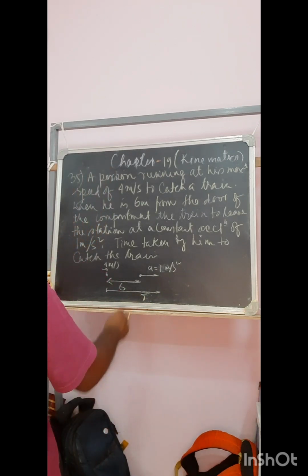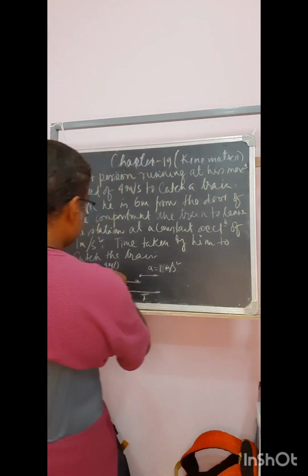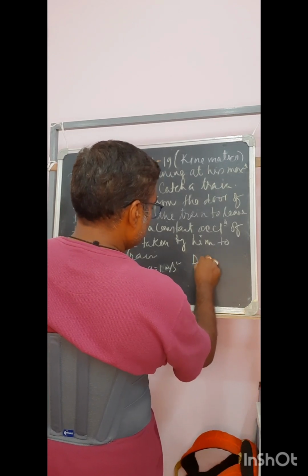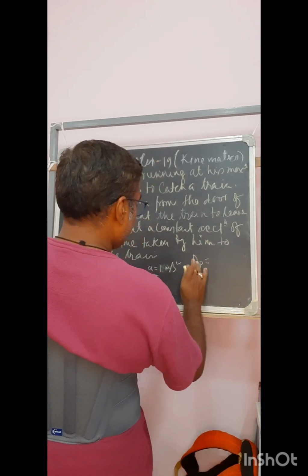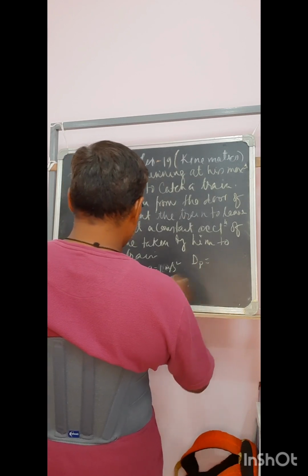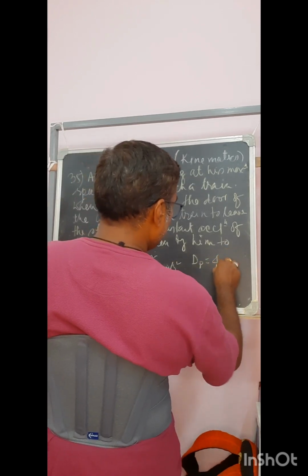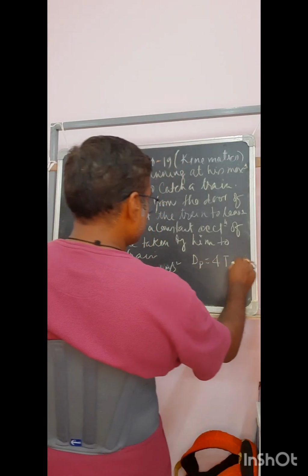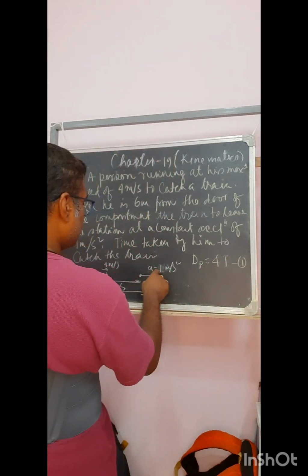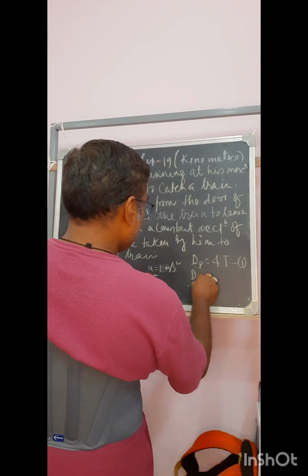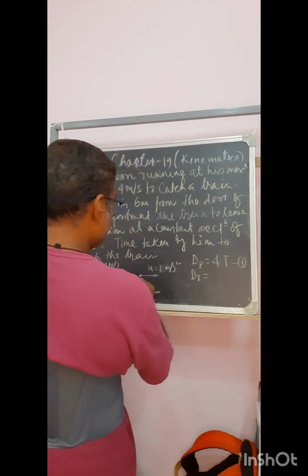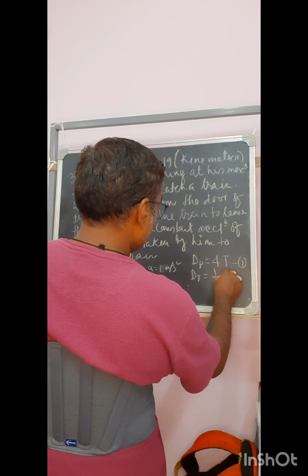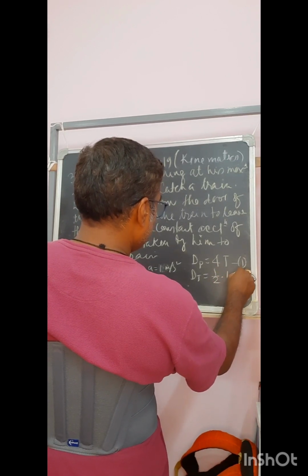So up to the time t, the distance the person will move is equal to v into t, because he is moving at constant velocity. This is the first equation. And for the train, the initial velocity is 0, and it will move with an acceleration of 1, so the distance is half into 1 into t square.